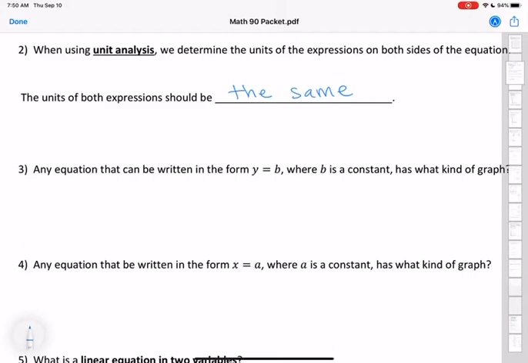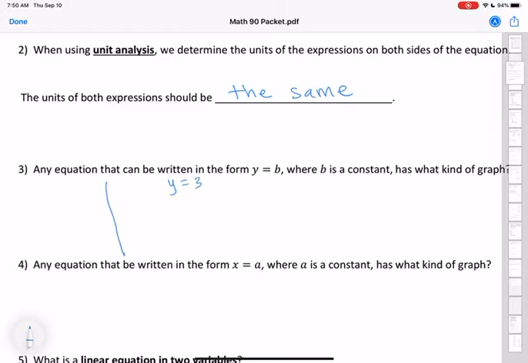Number 3, let's see. For number 3, we have any equation that can be written in the form y equals b, where b is a constant, has what kind of graph? Okay, so in this one, there's no x. It would just be y equals a number. So, for example, if you just had y equals 3, y equals something is always going to be a certain type of graph.